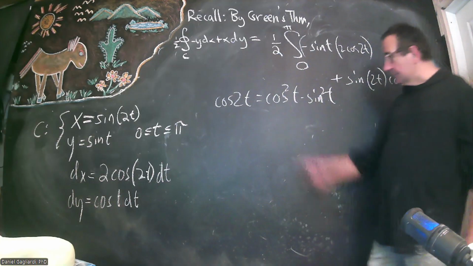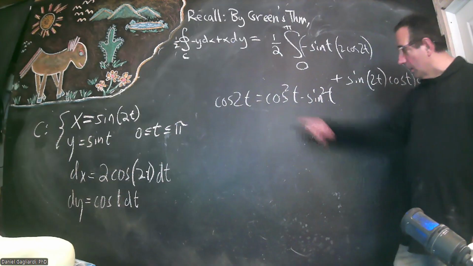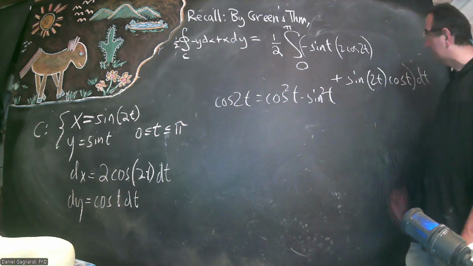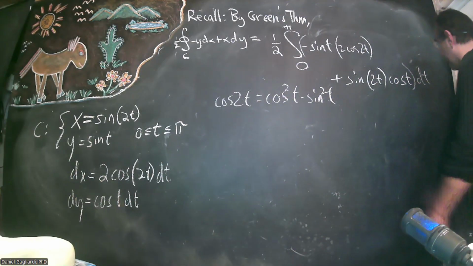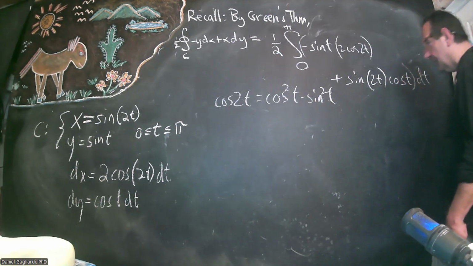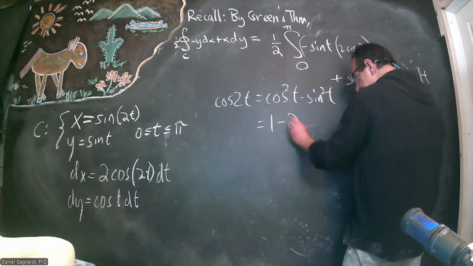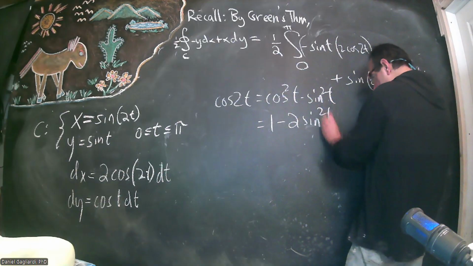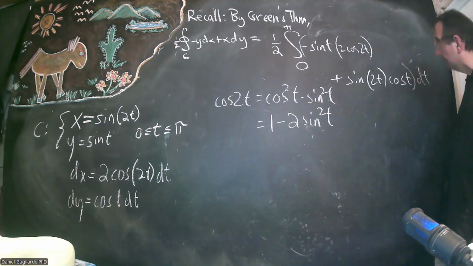There are others, because we can write cosine of 2t as 2 cosine squared minus 1, or we can write it as 1 minus 2 sine squared. Maybe we ought to do that, and then we'll have everything in terms of sine and cosine. I don't know, let's see. If we use 1 minus 2 times sine squared of t, then we can make that substitution there.